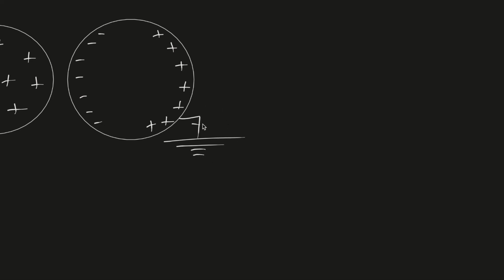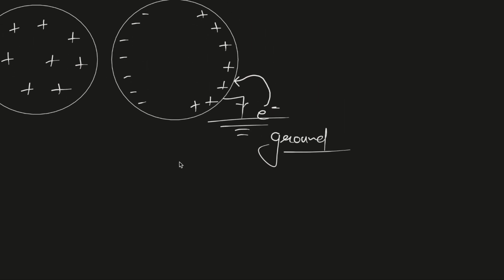Then what we do, after acquiring this charge, is simply ground the positive charge. If you say the positive charge goes to the ground, this is wrong, because protons never move through the conducting wire. This is the conducting wire going to the ground. The electrons from the ground will go up and neutralize all the positive charges.